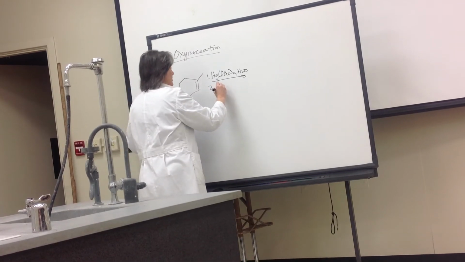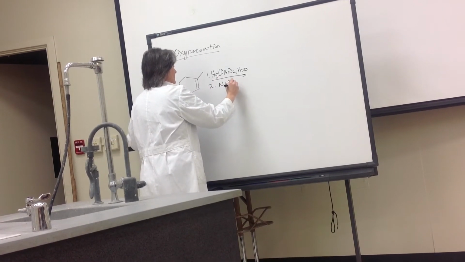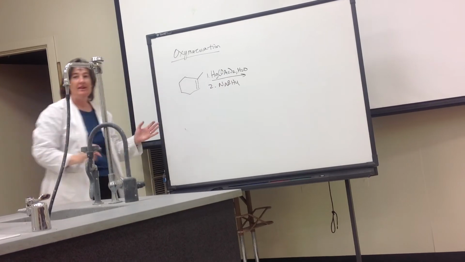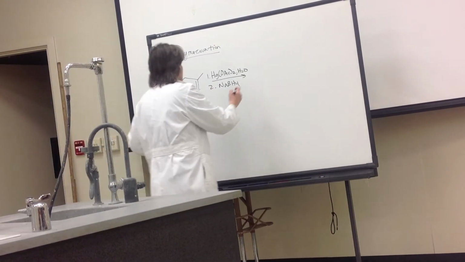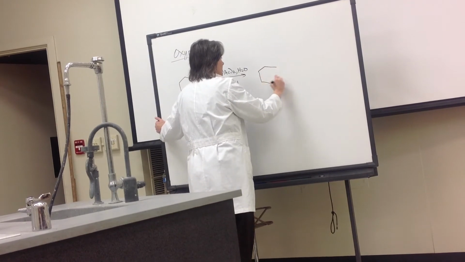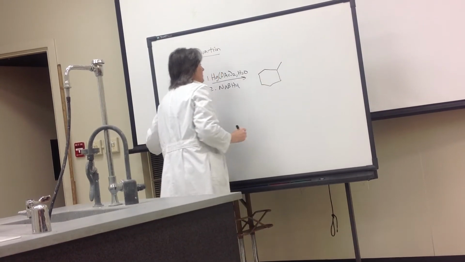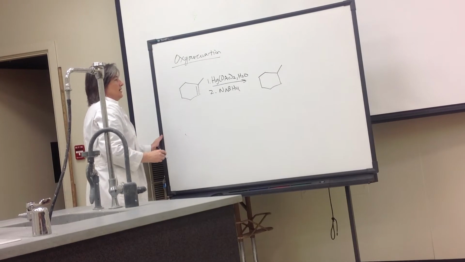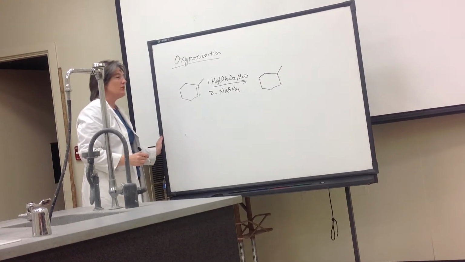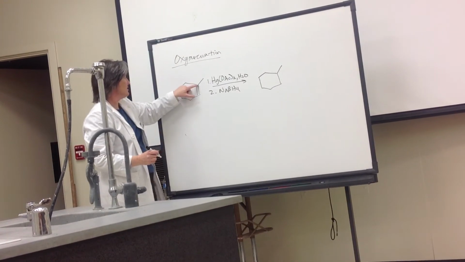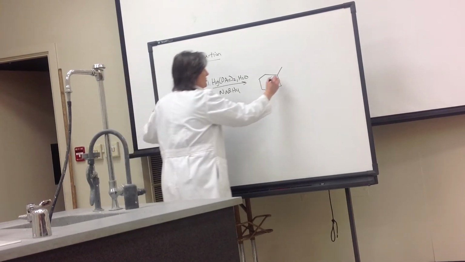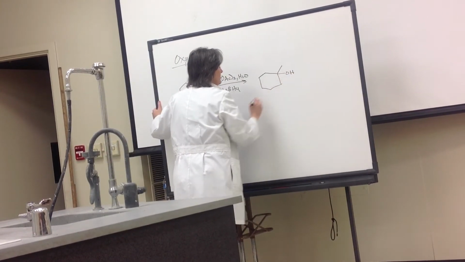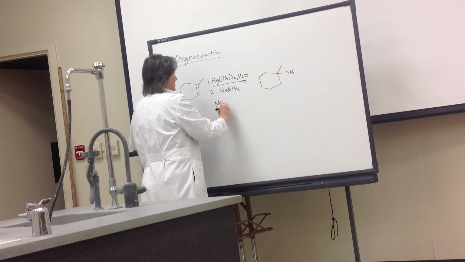And then the second step was sodium borohydride. That removed the mercury from it. And if you remember, this put on an OH. So it's going to add an OH. And where did it put it? Did it put it up where the methyl is, or at the other? At the top, yeah. So it put an OH right there. So it's a Markovnikov addition.